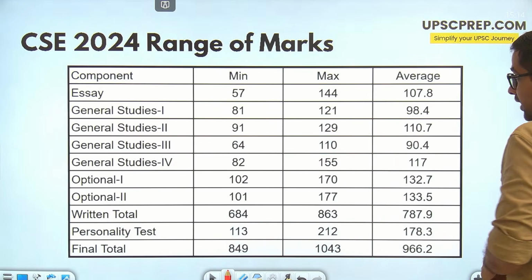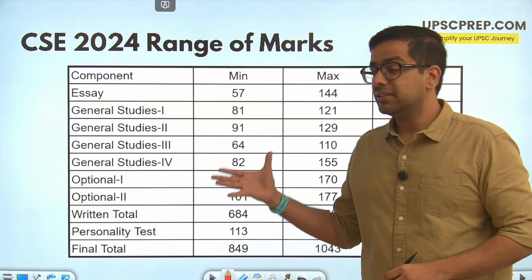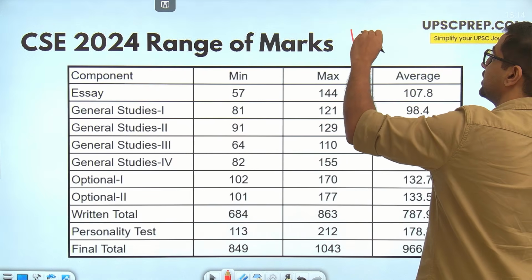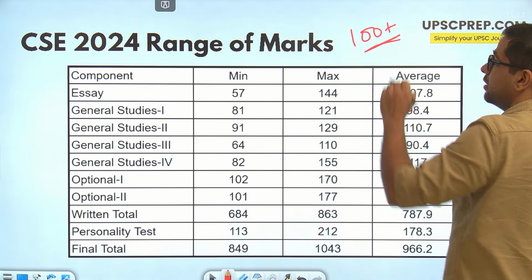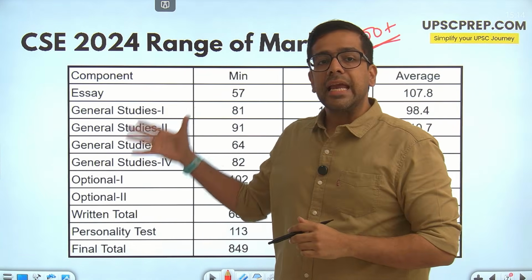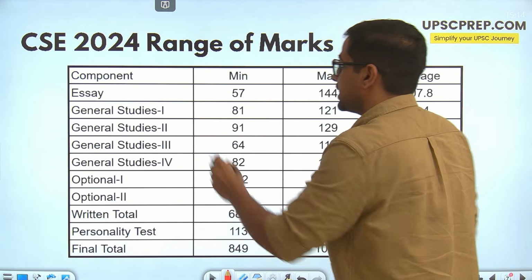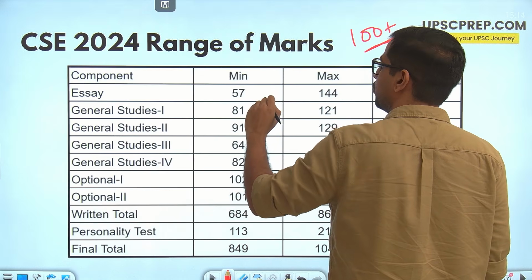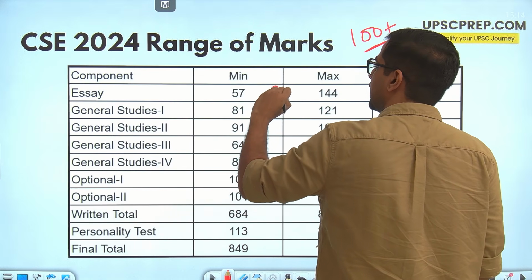Now, this is another one of those tables. What have we done here? We have taken up 100 plus mark sheets from CSE 2024, and in these we've tried to come up with a range of marks. In Essay you'll see minimum marks 57, maximum marks 114, a range of almost 90 marks.